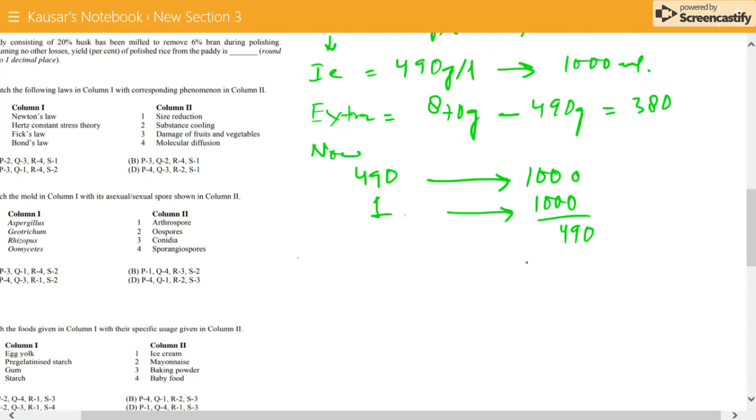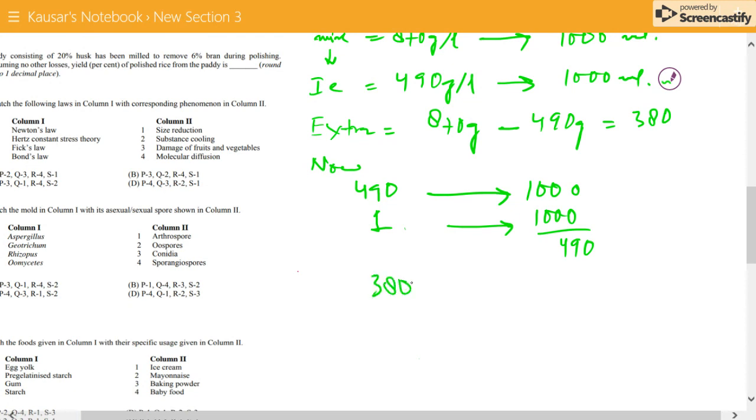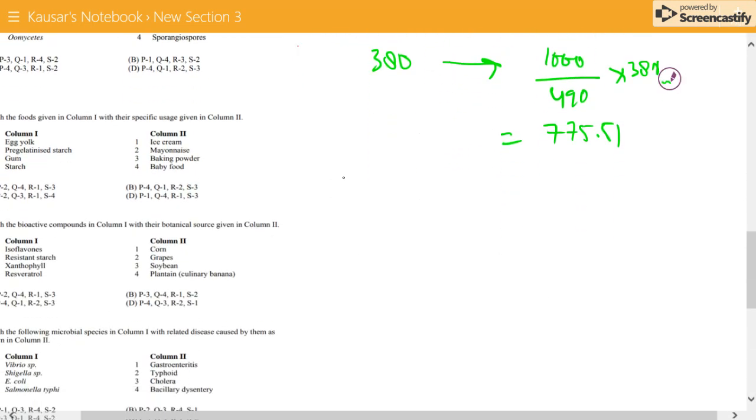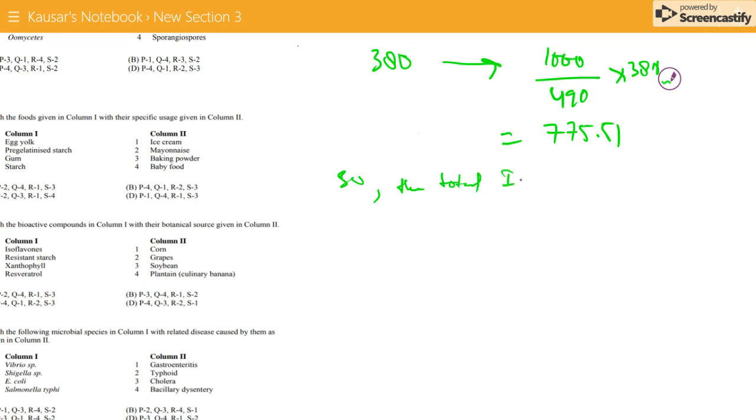So 380 gram can produce 1000 divided by 490 into 380, which is equivalent to 775.51. So the total ice cream is 775.51 plus 1000 plus 1000, which is equivalent to 1775.51 ml.